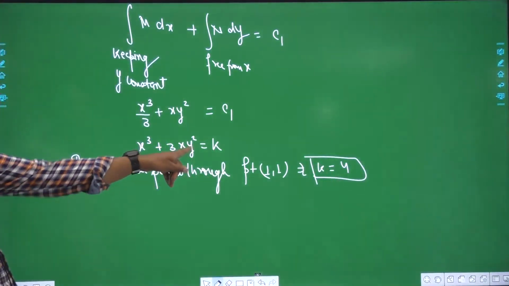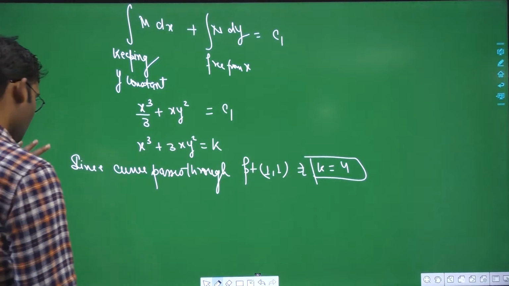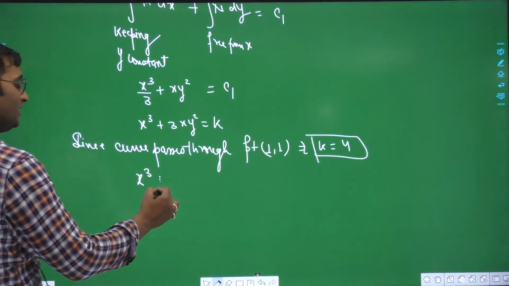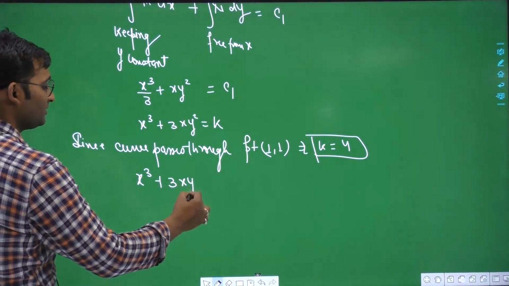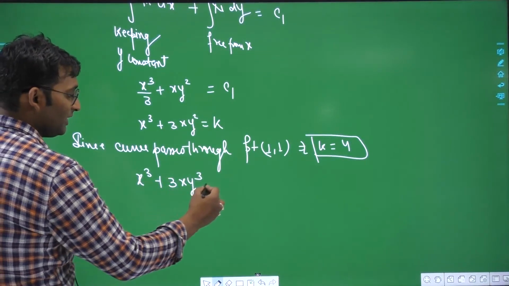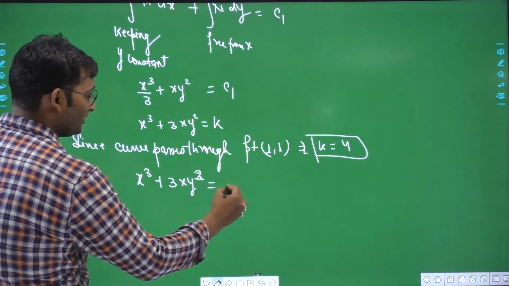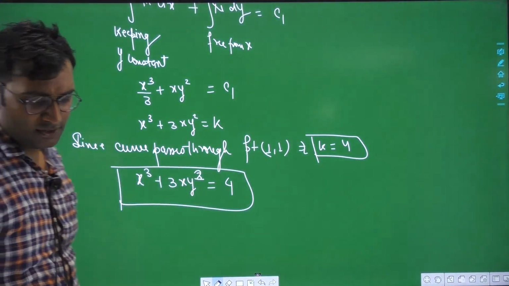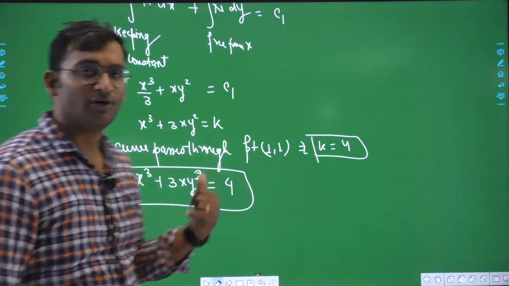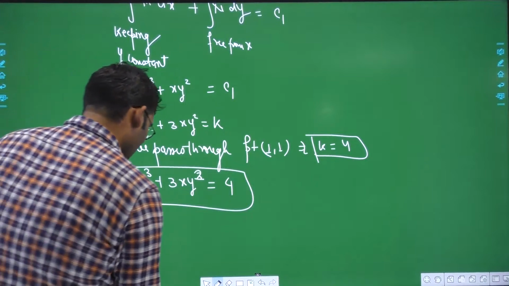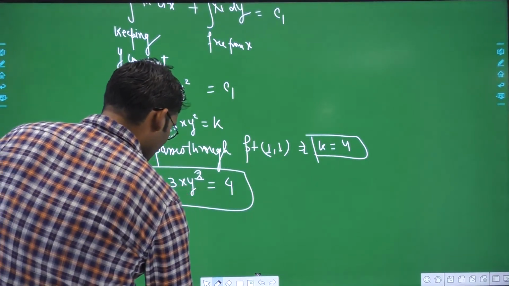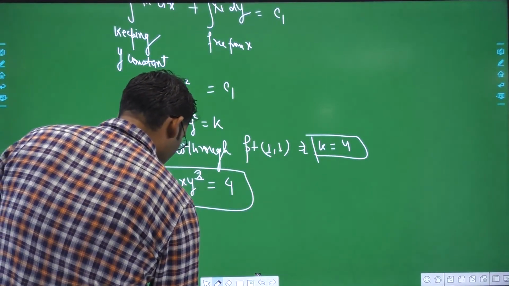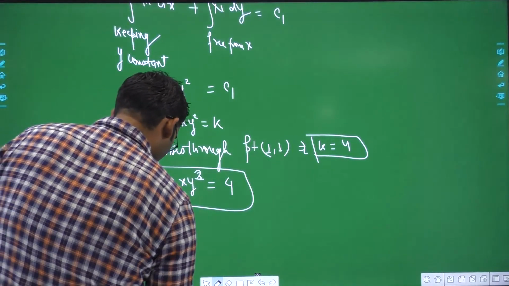So you replace x and y by 1, so you get k equal to 4. That implies your orthogonal trajectory happens to be x cube plus 3xy square is equal to 4. So I believe this was your option number 1 in your paper. So this is the answer to your given orthogonal trajectory question. This was question number 19 in your paper. This is again an easy question. You would have easily made it.